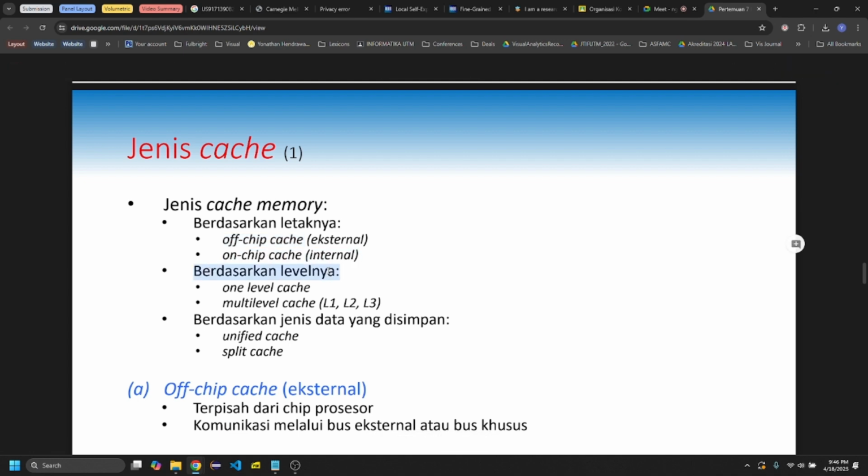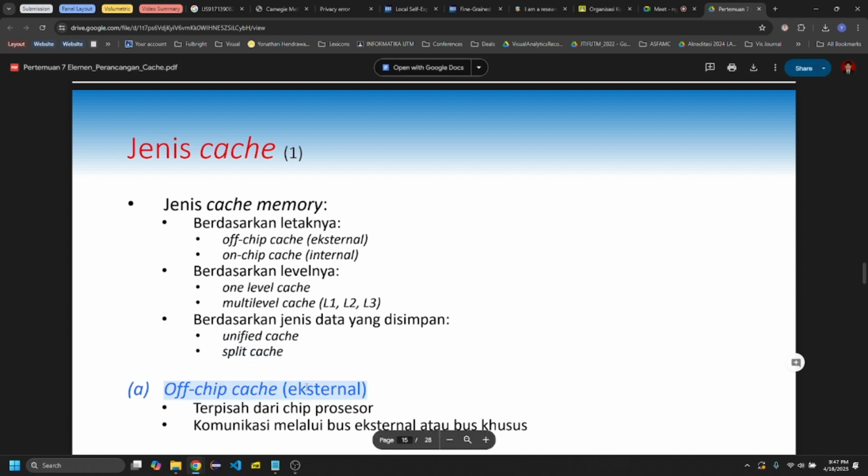Based on the level, only one level cache, and then multi-level cache, L1, L2, L3. Based on the type of the data being stored in the cache, the first one is unified, and then the second one is split cache. Now, let me explain one by one.